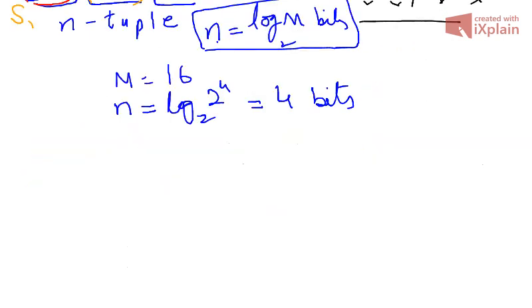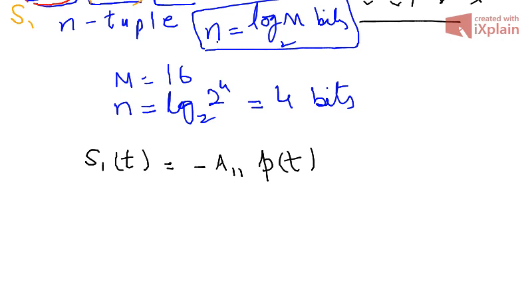Now for these, what can I do? Let me write it specifically. When I have to transmit the first symbol, my S1 of t would be AI1, which is negative, times p of t, right?